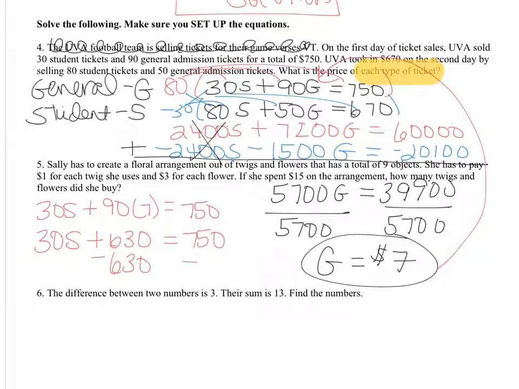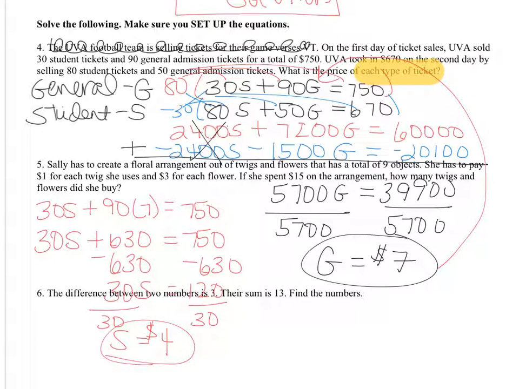I'm going to subtract 630 from 750. I get 120. Divide by 30. So S equals 4.